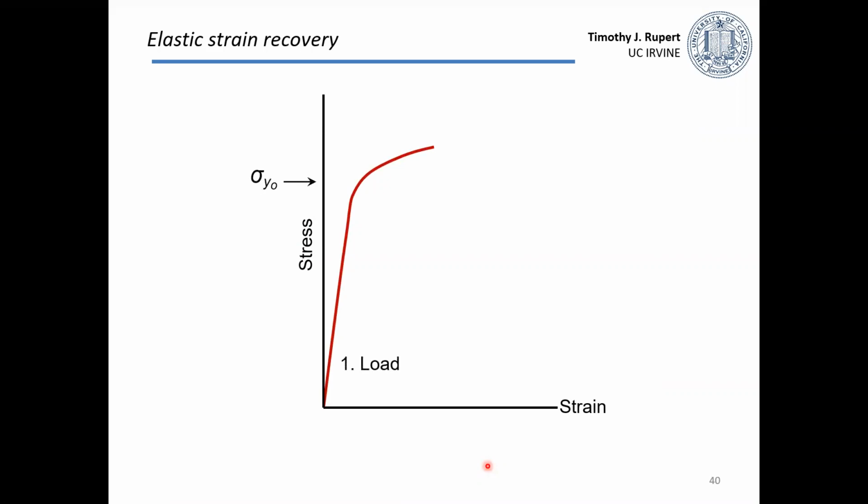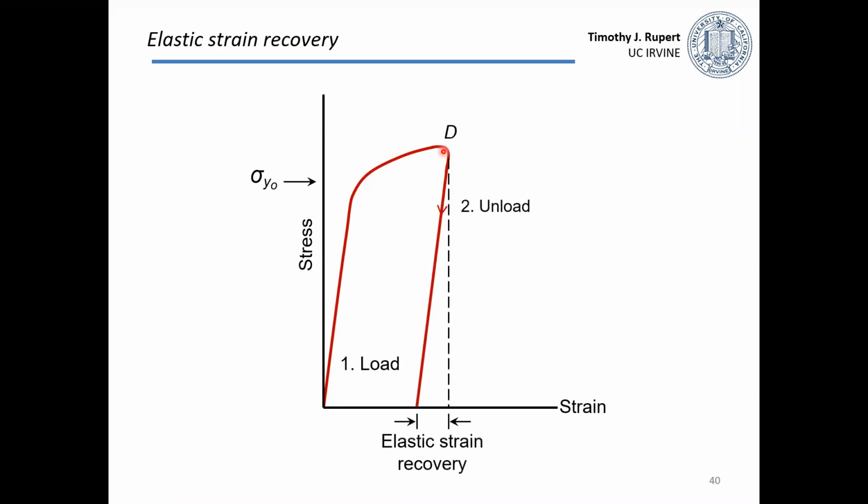So first, I want to just redraw this elastic strain recovery mechanism. Here we're loading up, we're linear elastic, we hit the yield strength of our material, and we have that combination of elasticity and plasticity. We unload, and as we talked about before, the residual strain that remains is our plastic strain. We could also think about how much strain we've recovered during this unloading process.